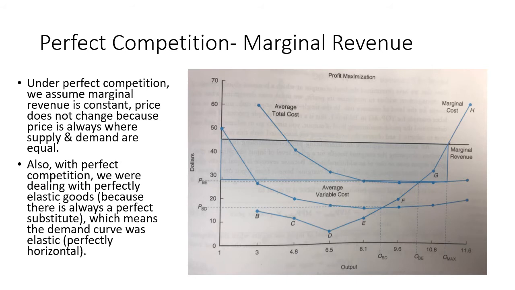Okay, the whole goal of these next couple of slides is going to be to figure out what price and what quantity will be produced and will be charged under the different types of imperfect markets. So I'm going to write that down just so we know why we're talking about some of the stuff that we're going to be talking about.